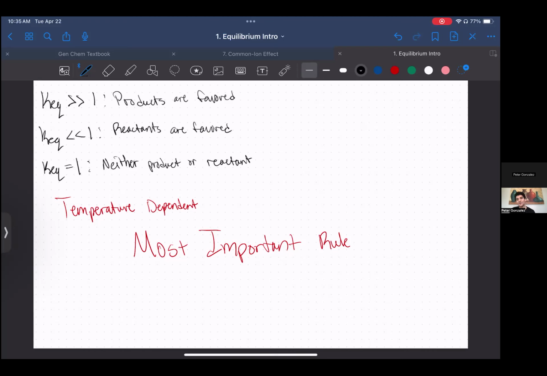And I'm like, no, I get where your brain's at, but it's not technically that. All that means is you won't form more product or more reactant. They'll both just stay at the same thing, right? They're both favored. So that's the three cases you really care about for equilibrium: equal to one, less than one, or greater than one.